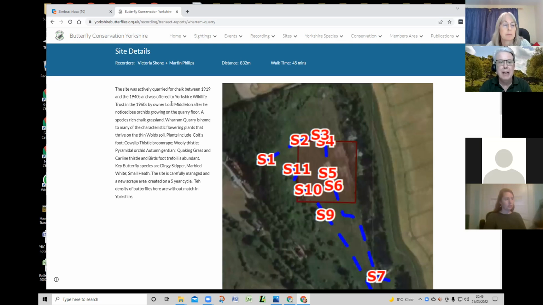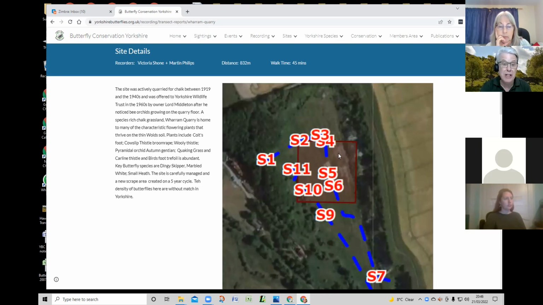But this is a new site, altogether new site. It's an old quarry, as you may be aware. It's been very much studied over the years. Martin Phillips has always, well, for a lot of years, has walked the site, studied the site, and has in a large way directed operations of Yorkshire Wildlife Trust, who maintain it.